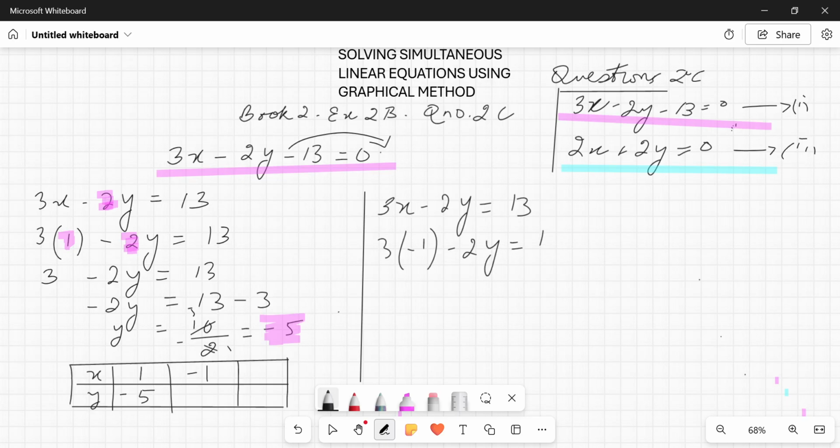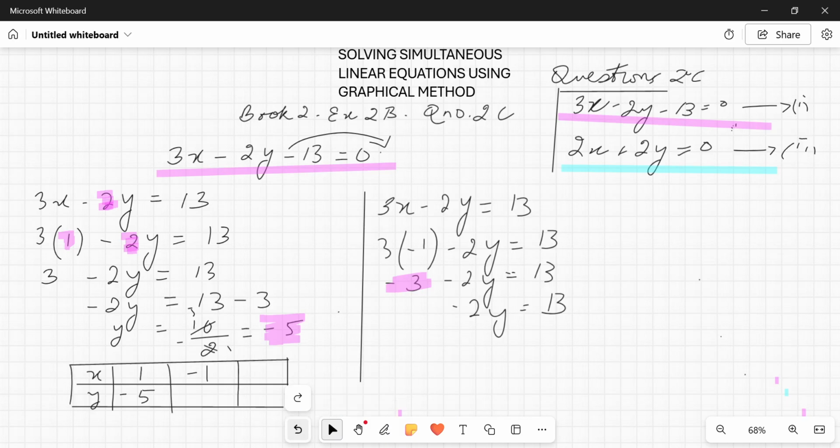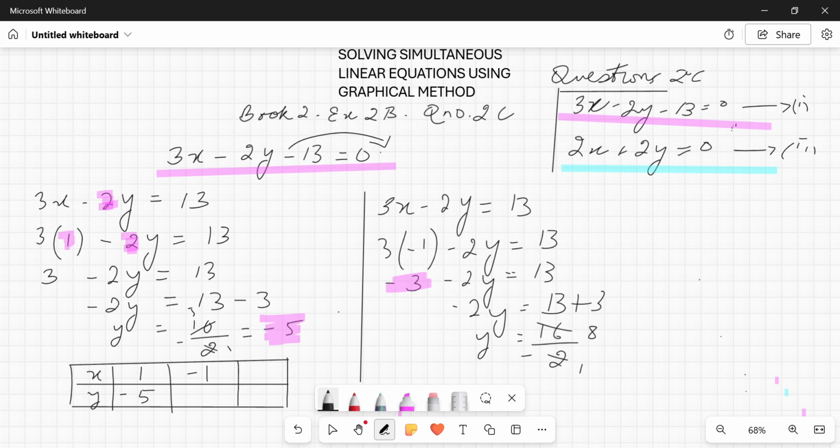Minus 3 minus 2y is equal to 13. So minus 2y will remain on the left hand side. 13 minus 3, this is minus 3. When shifted to the other side, it becomes plus 3. So it gives you 16 divided by minus 2. 2 eights are 16, so the y value is negative 8. So I'm writing here negative 8.